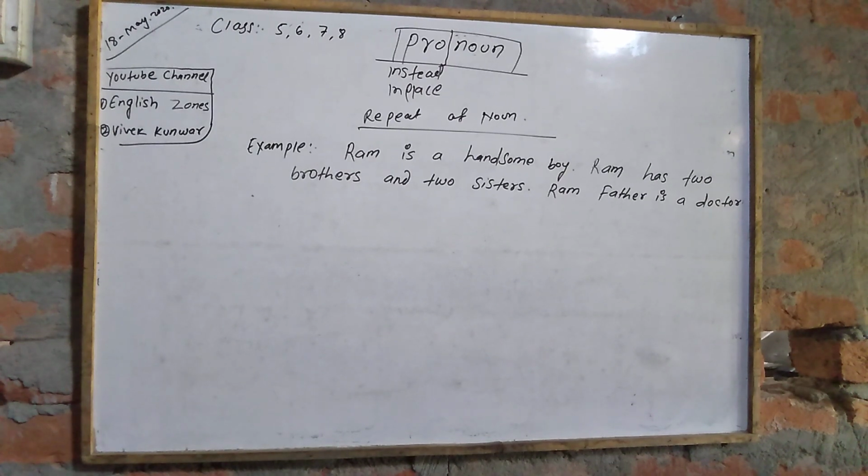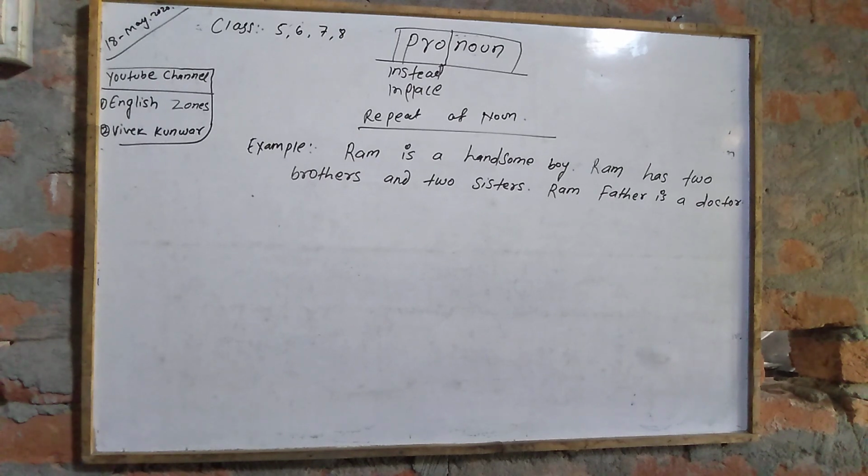So you can see on the whiteboard, we are going to discuss the repetition of noun. For example: Ram is a handsome boy. Ram has 2 brothers and 2 sisters. Ram's father is a doctor.